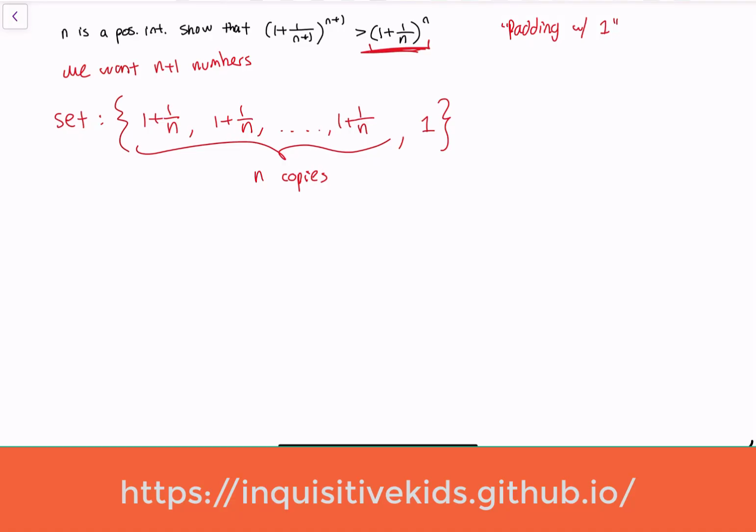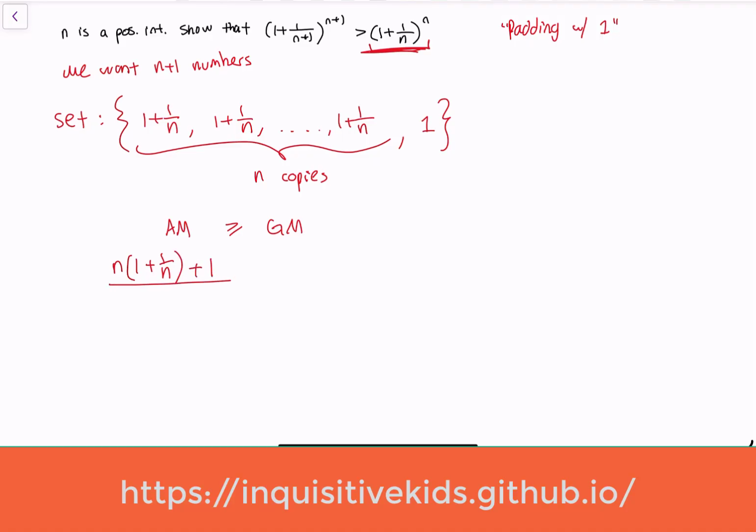So what happens when we calculate the arithmetic mean of this set? So this set of terms is going to be the terms that we apply the AM-GM inequality onto. We know that AM is greater or equal to GM. So what's the AM of this set? Well, we're going to add them all together, which is n copies of 1 plus 1 over n, plus 1.